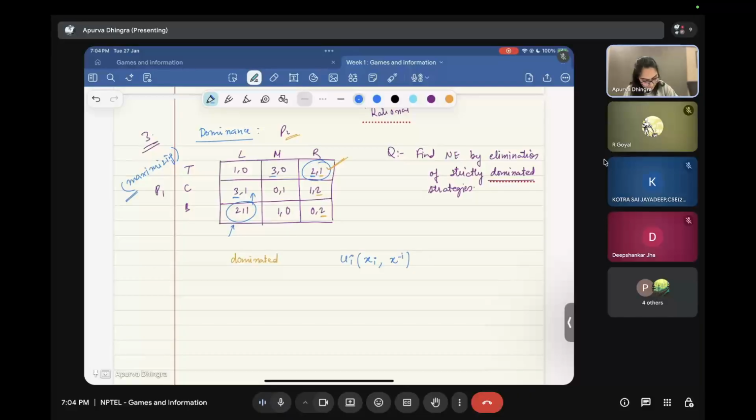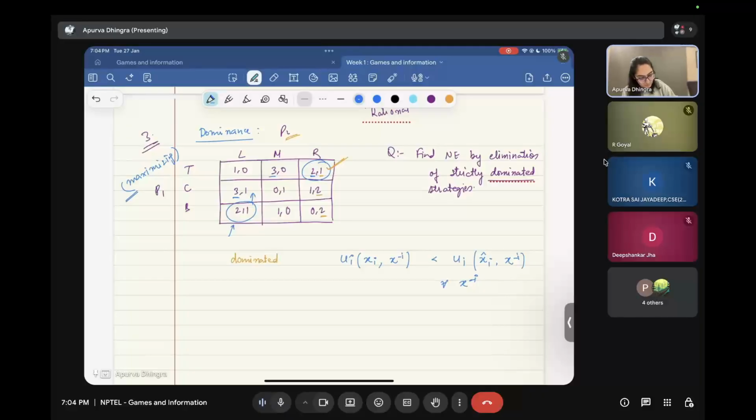Since we are in the case of maximization, I am writing it as if x_i is worse than some x hat i, this is what would happen for the specific player we are talking about. But this would happen for every x_i, x minus i.